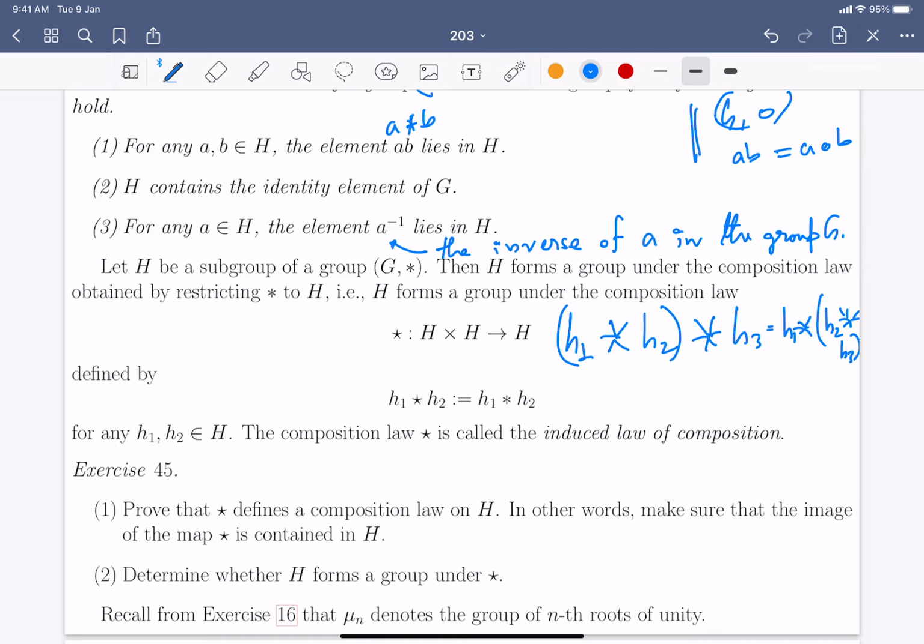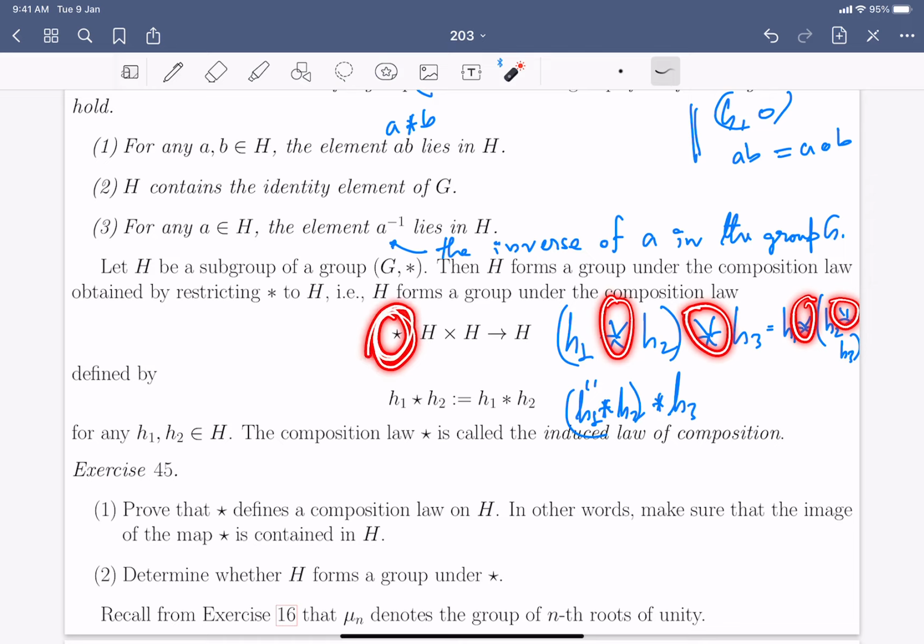That is what we need to show. But the left hand side is equal to h1 star h2. I'm sorry for this bad handwriting. This star and this star are this one. Probably this is called an asterisk. I don't know.